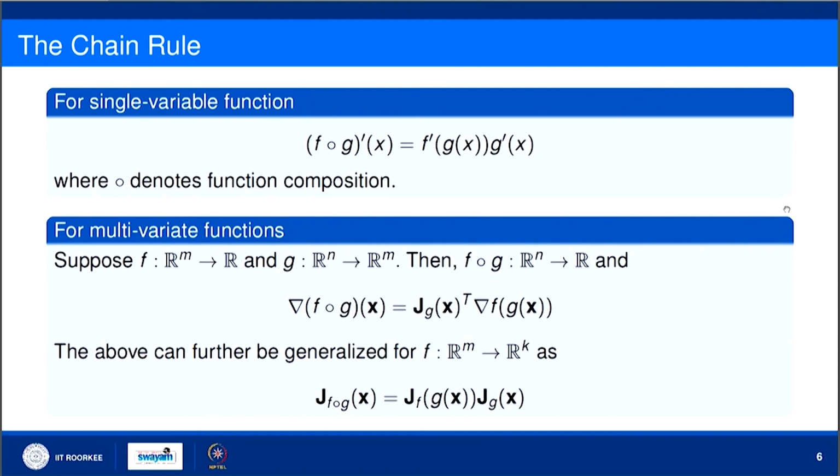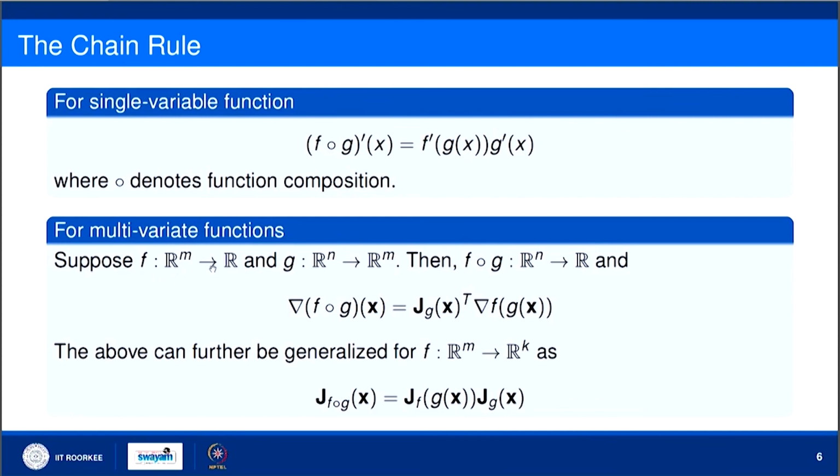Next we have the chain rule. For a single variable function, the derivative of the composition of 2 functions f and g, (f∘g)'(x), is nothing but f'(g(x)) into g'(x), where this denotes function composition. This is basically the chain rule, which we can extend to multivariable functions also.